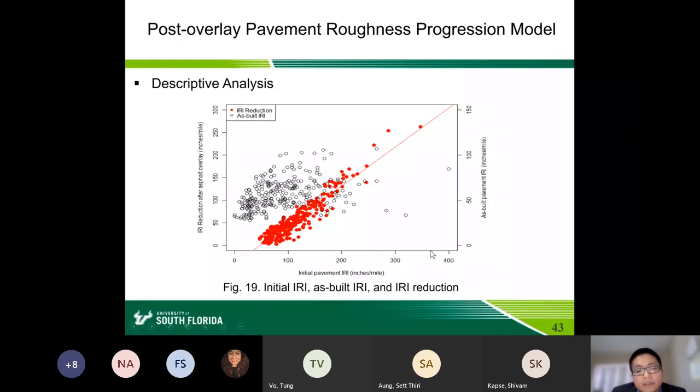And as we can see here, the IRI reduction value increases linearly with the original pavement IRI. However, the relationship between as-built IRI and original pavement IRI is not very clear. So in the model development part, instead of using as-built IRI as dependent variable, the IRI reduction value was used as the dependent variable.